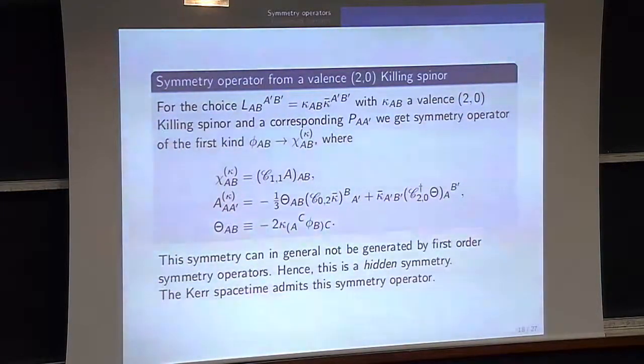This case, however, when we form it from a valence 2-0 killing spinor, is a bit more surprising perhaps. But we can still get quite a nice form. So we have this nice potential form, and the potential here is a first order expression. The nice thing here is that it is just formed from this theta, which is a contraction between the killing spinor and the field.